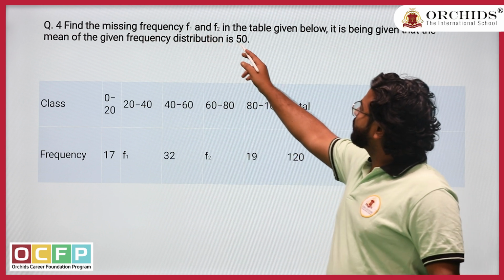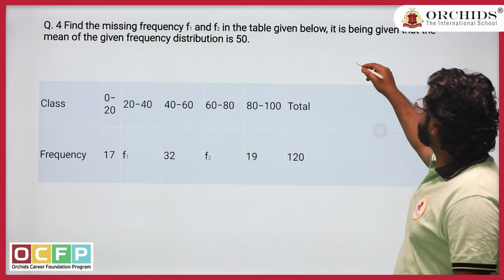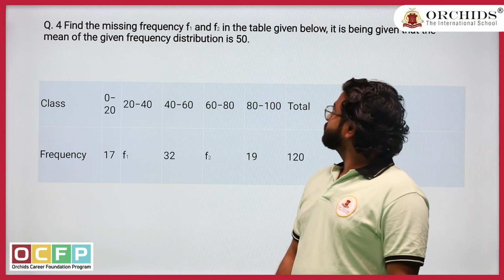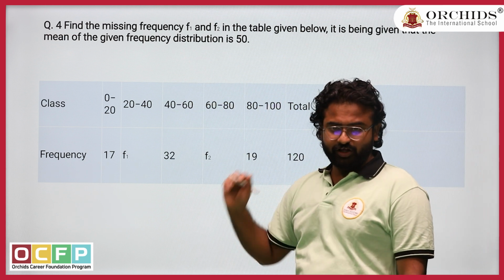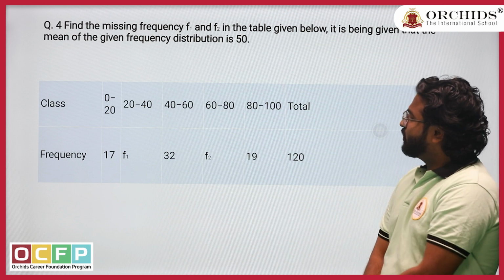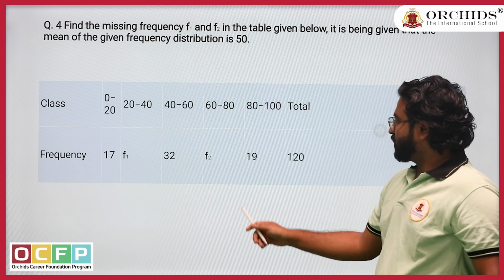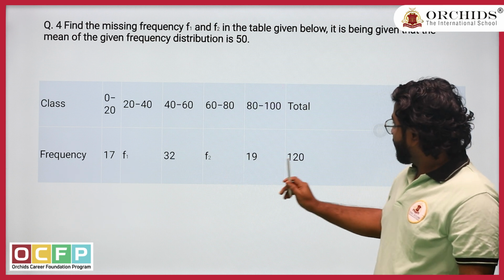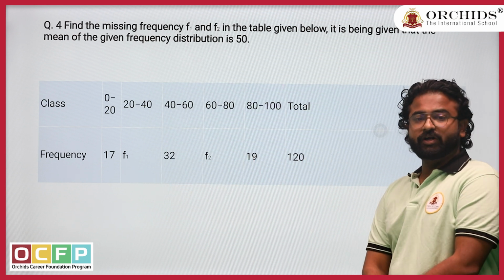Find the missing frequencies f1 and f2 in the table given below. It is given that the mean of the given frequency distribution is 50. That means I know the mean is 50. Now I know the total frequency is 120.